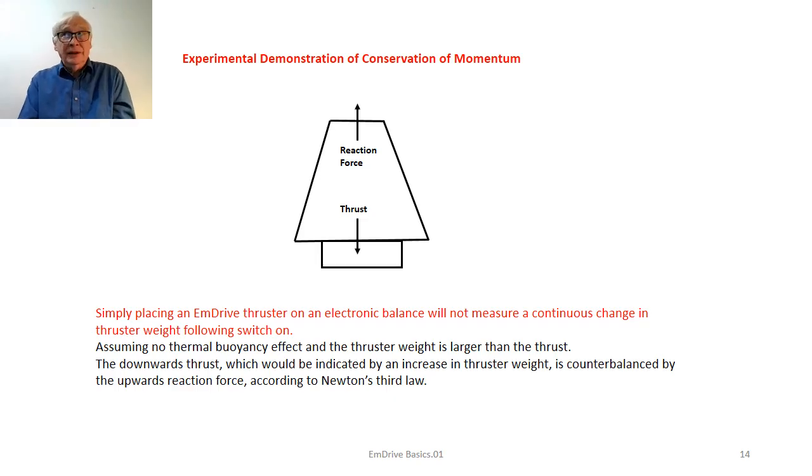Now, almost unbelievably, a number of research groups have actually tried to do this and expected to see an increase in the reading on the electronic balance when they put the thruster up in the direction shown in the diagram.